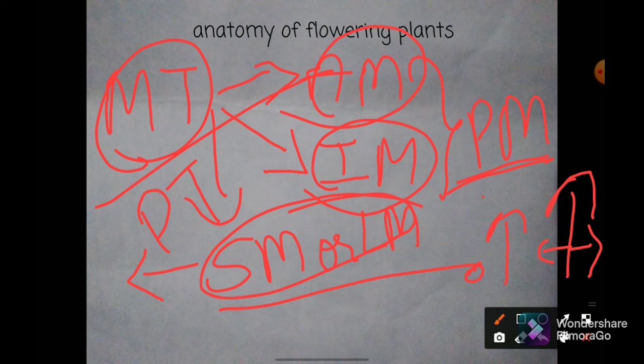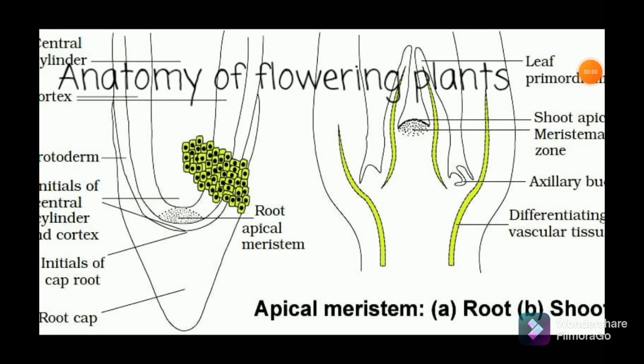Before going to permanent tissue, I'll show you the slides. The next slide is about the apical meristem, which is our NCERT diagram, showing its figure. Here you can see the root apical meristem and the shoot apical meristem.